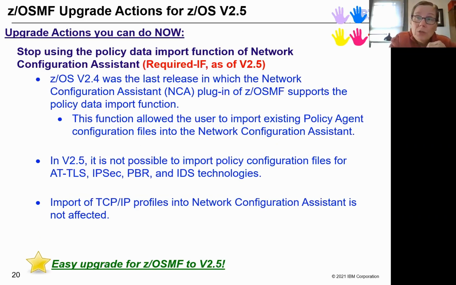In z/OS 2.5, for the network configuration assistant plugin for the policy agent, you will have to import any of your policy agent configuration files before you get to 2.5, because within zOSMF 2.5 for network configuration assistant, you will not see an action to import anymore. So if you're going to have it, you're going to have it there before you get to z/OS 2.5.